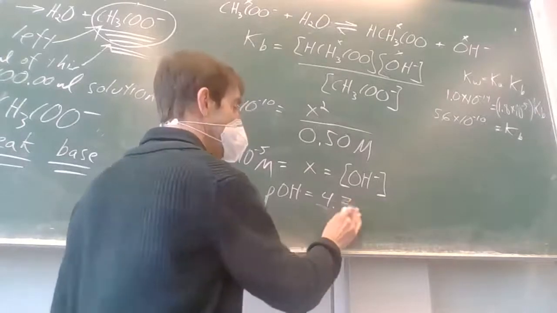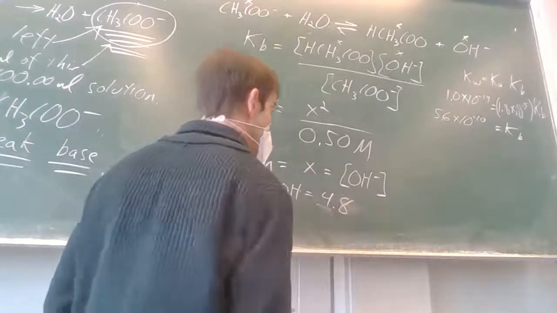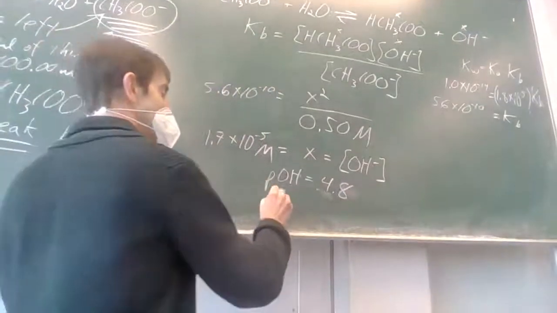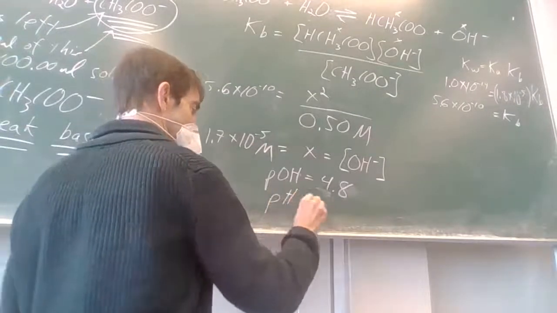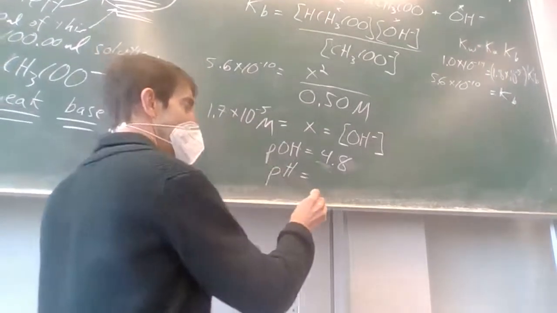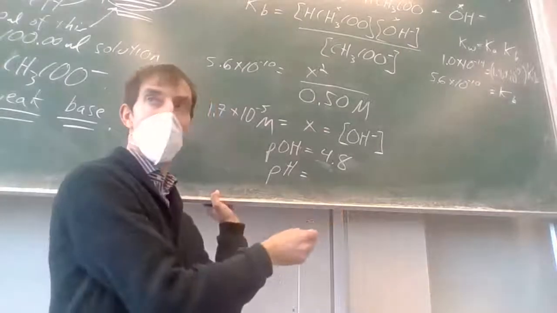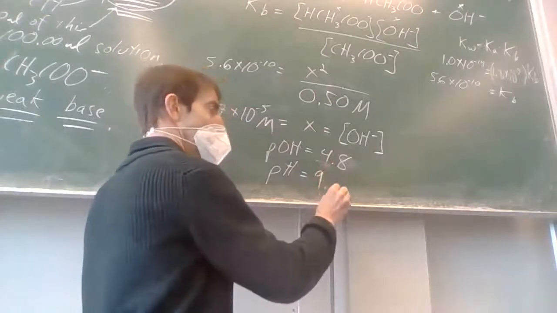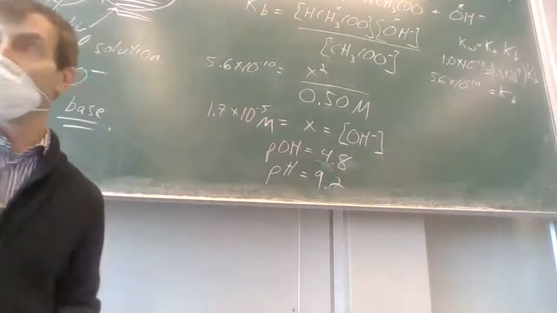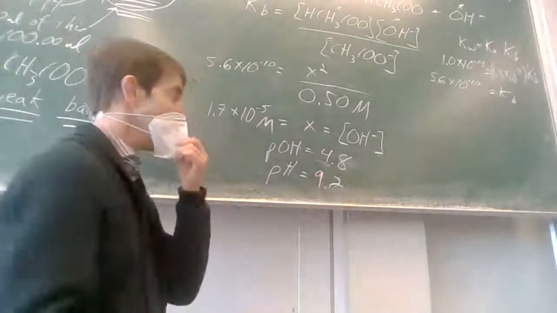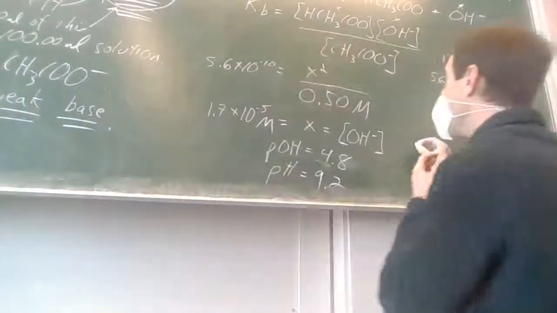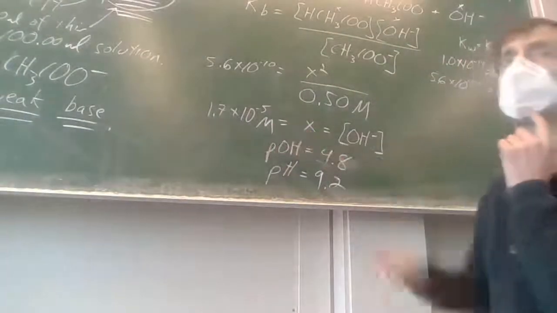Or 4.7? 4.8? Okay. So then, mentally everybody, so what's the pH then? 9 point? You got it. How do you get the POH? POH, it's the negative log of this thing. Negative log of that.